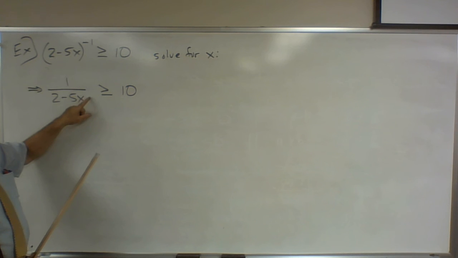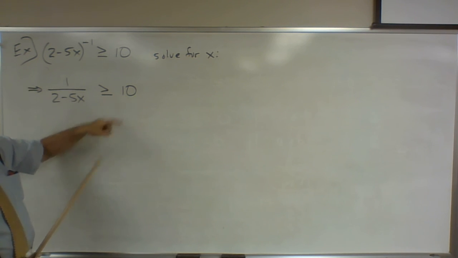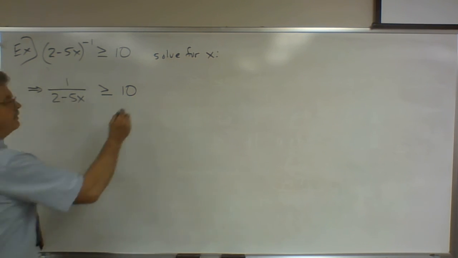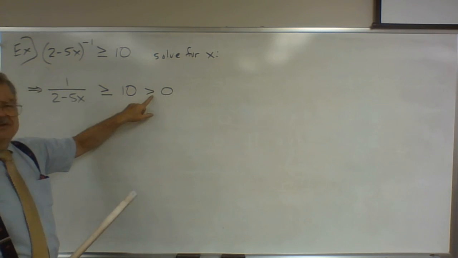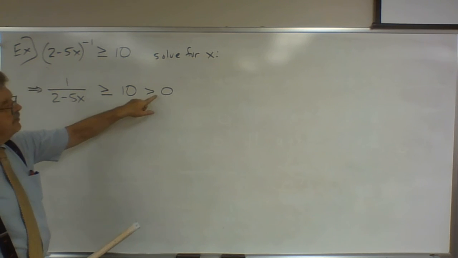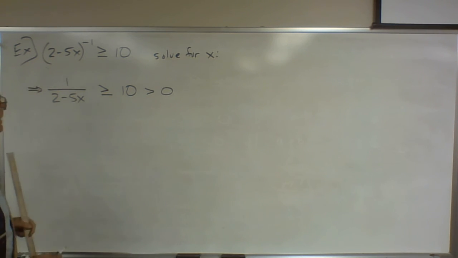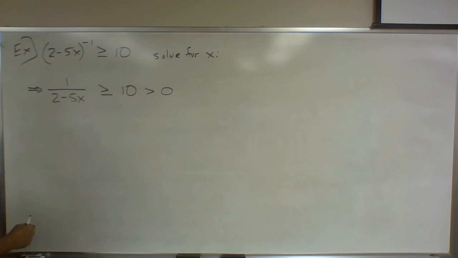And if this thing is greater than 10, couldn't I also do this? 10 is greater than 0, isn't it? So I can just put this right here. Both of these things are positive, so I can take their reciprocals.